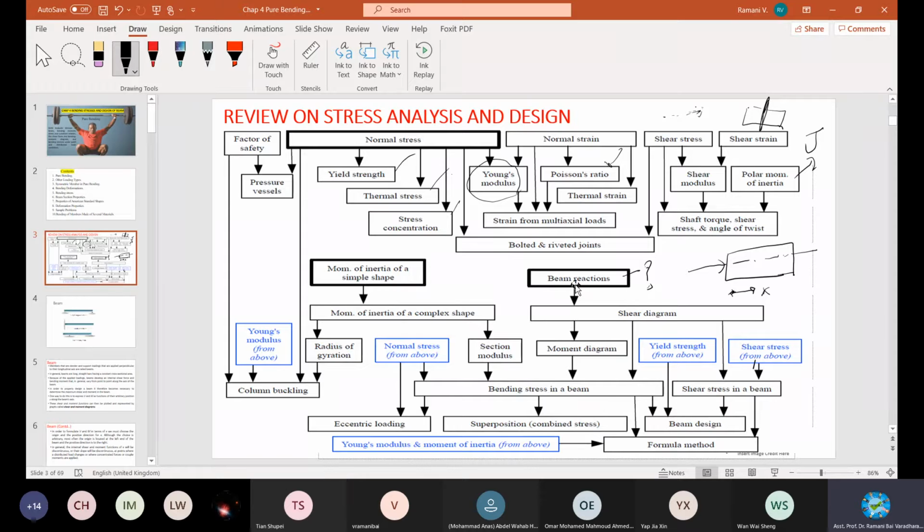Sometimes you are given the support, you have to find the moment, types of loading, and then sometimes the yielding stress will be given, then vice versa. Stress is given, you have to find the moment, or reactions are given to find others. There is a lengthy equation, the flexural formula, which will govern this whole topic. Flexural formula or bending stress formula.